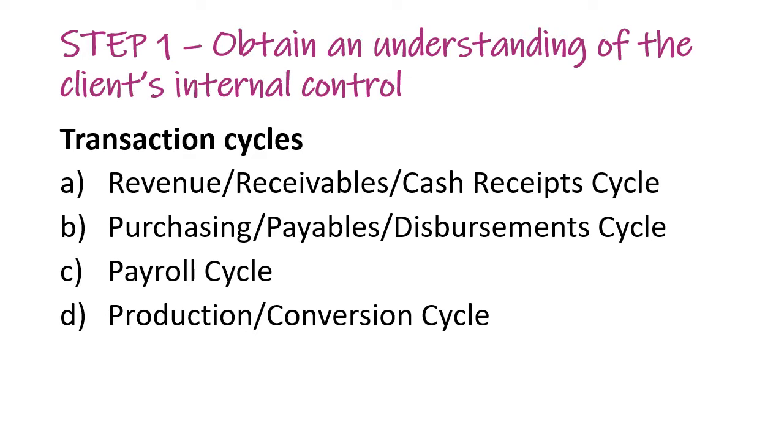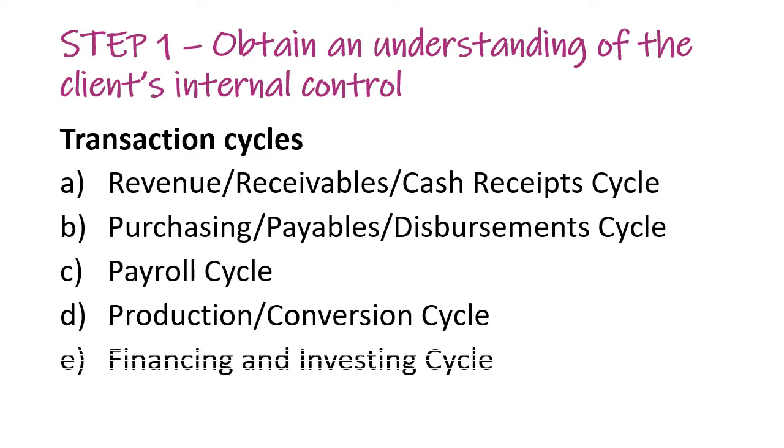Then we have the production or conversion cycle, which is the manufacturing process. And then we also have the financing and investing cycle, which relates to the investments and sources of borrowings.